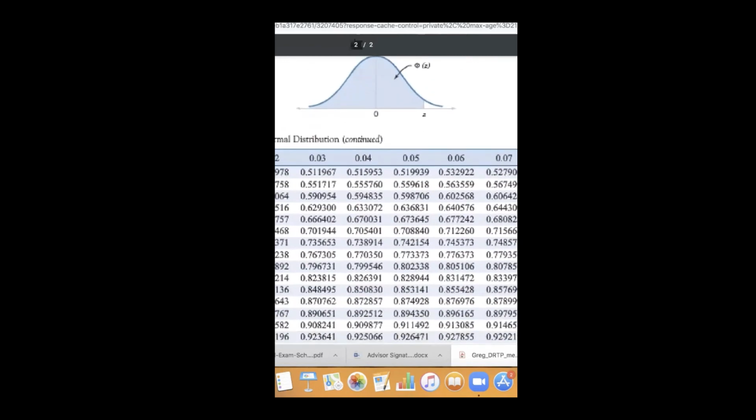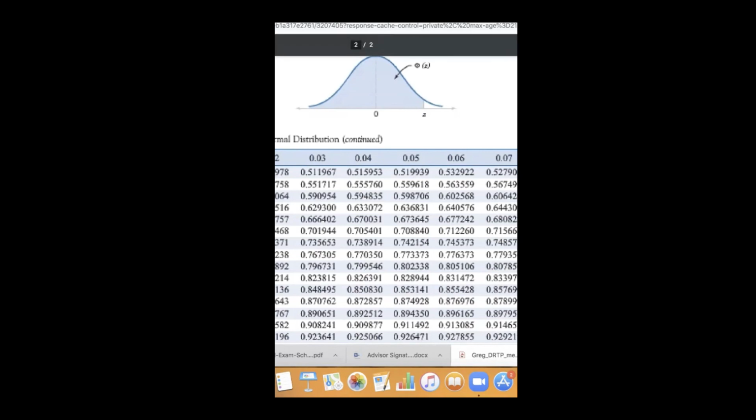That's what this number shows. But what I want in this question is the probability of z greater than 1. So what should I do then? One minus the probability of z less than 1. Exactly. So the probability of z greater than 1 is 1 minus the probability of z less than 1, and I get that from the table, which is 0.84.